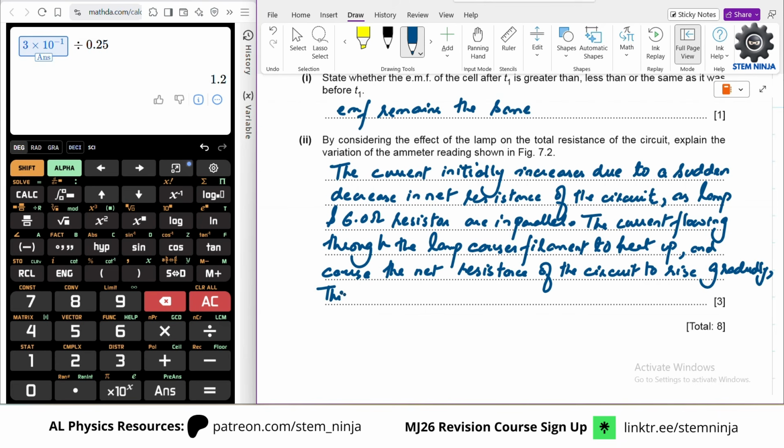This causes a gradual decline of current through the ammeter.